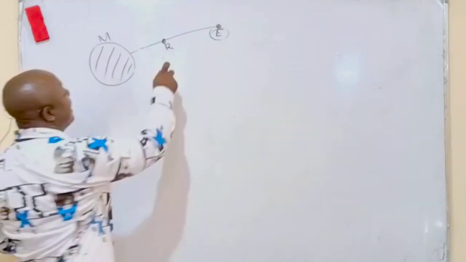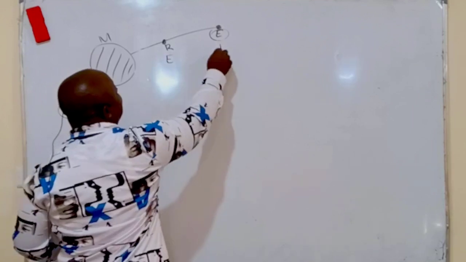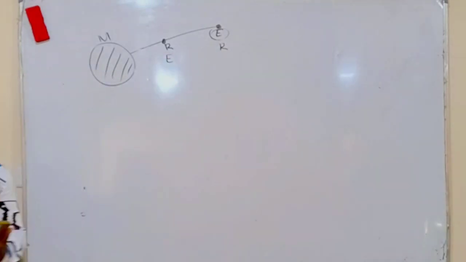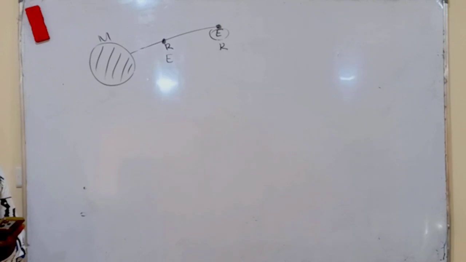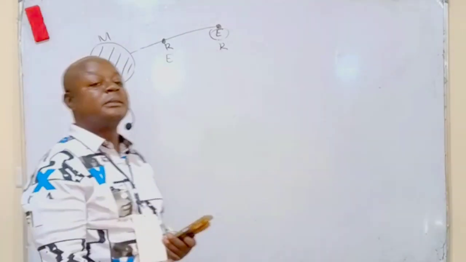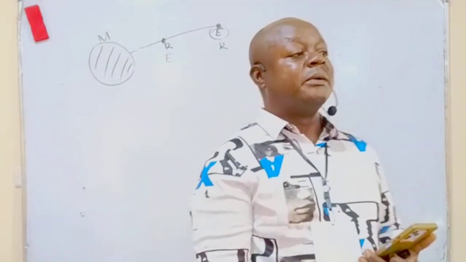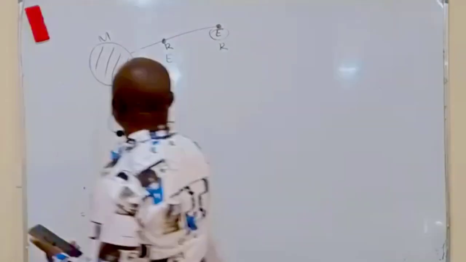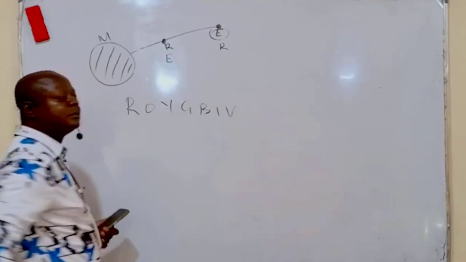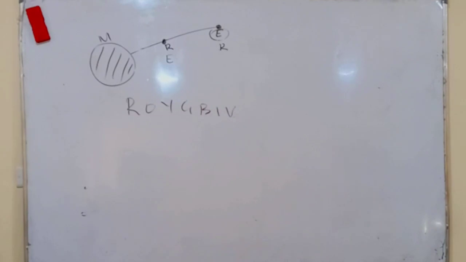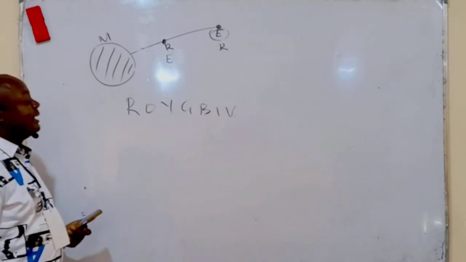And when we have the emitter here and the receiver here, there's also a different type of shift. So we're going to see there are two types of shift: a red shift and a blue shift.